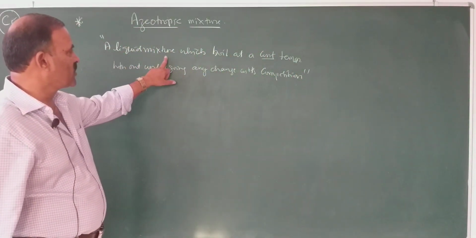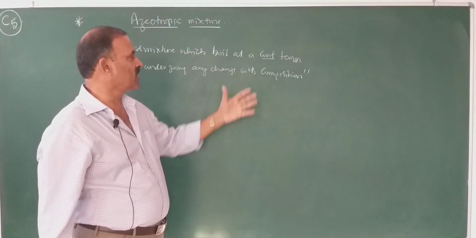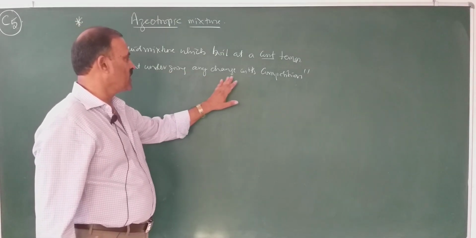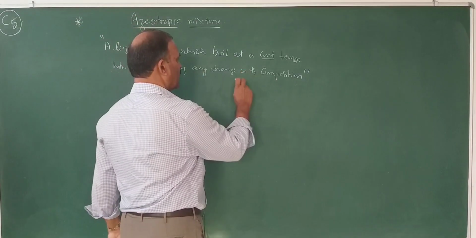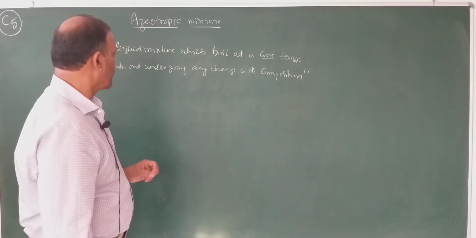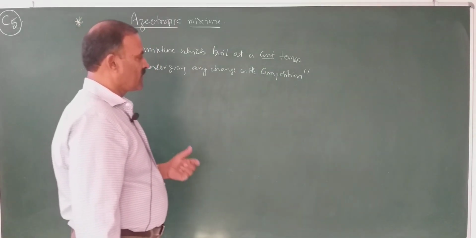A liquid mixture which boils at a constant temperature without undergoing any change in its composition is called an azeotropic mixture. So what is the meaning of this?